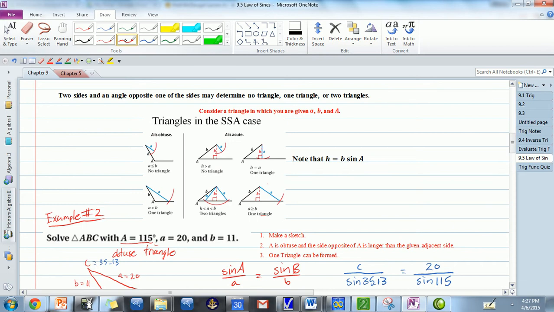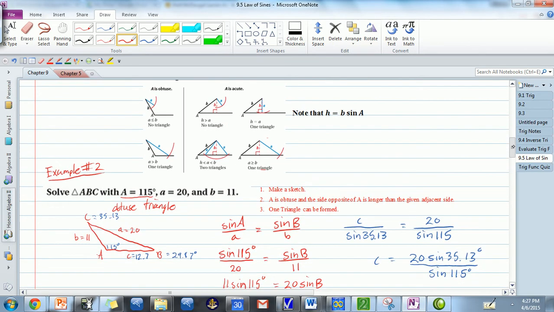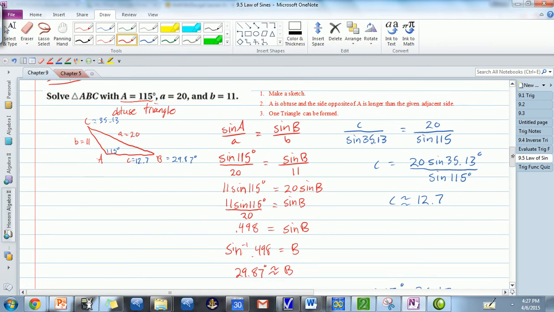So understand some of the things that we need in order to have a triangle, 2 triangles, or no triangle. We did an obtuse case, so let's talk about the acute case. We did this problem in class. With this problem, it kind of shows you what we needed to get where we needed.